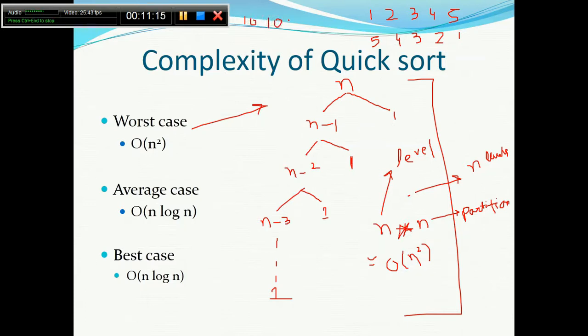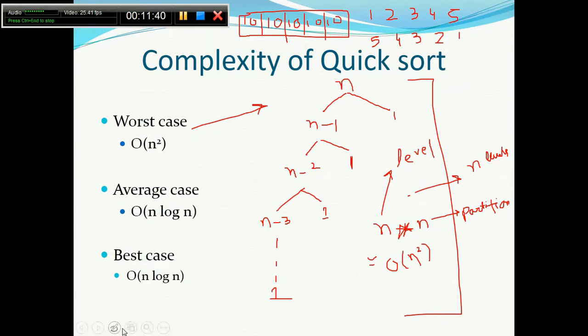In all three cases, quick sort behaves as a worst case. For the rest of them, it behaves as a best case, or at least average case, that is order of n log n. So these are the three array contents where quick sort can behave as a worst case.